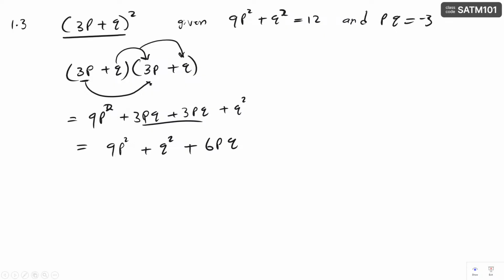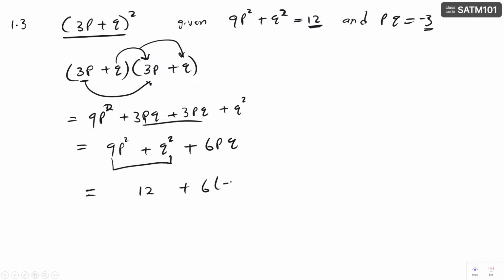So check something. We are given that these two are equal to 12. And we are also given that the product of p and q is -3. So what we need to do here is substitute 12 here, plus 6 times the product of p and q, which is given, that is -3.